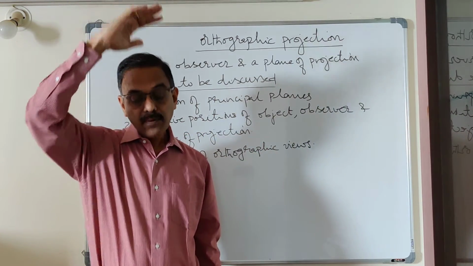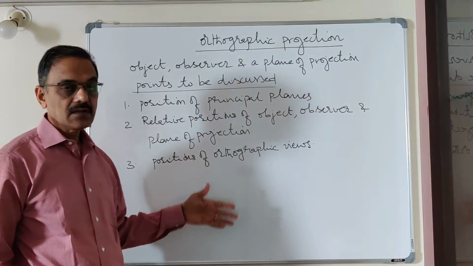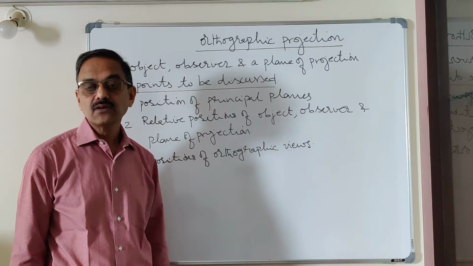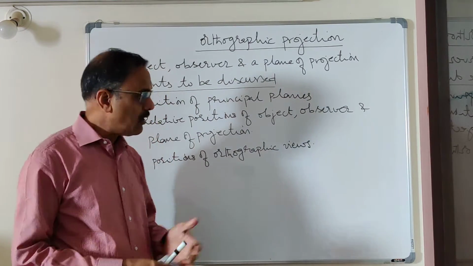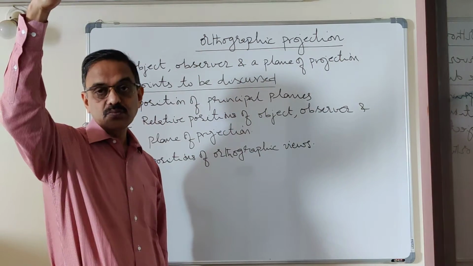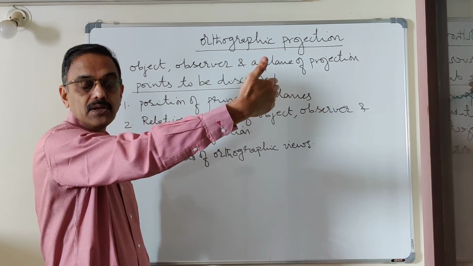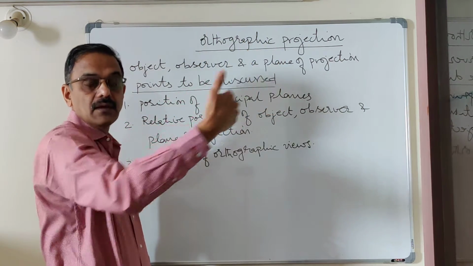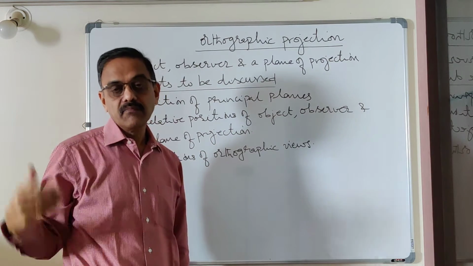Roof is a horizontal plane, ground is another horizontal plane. This is the front wall which is treated as the vertical plane. So shortly I am going to call this VP. The ground is HP, roof is also HP. This is called the right profile plane, RPP, and the left one is called LPP, the left profile plane.